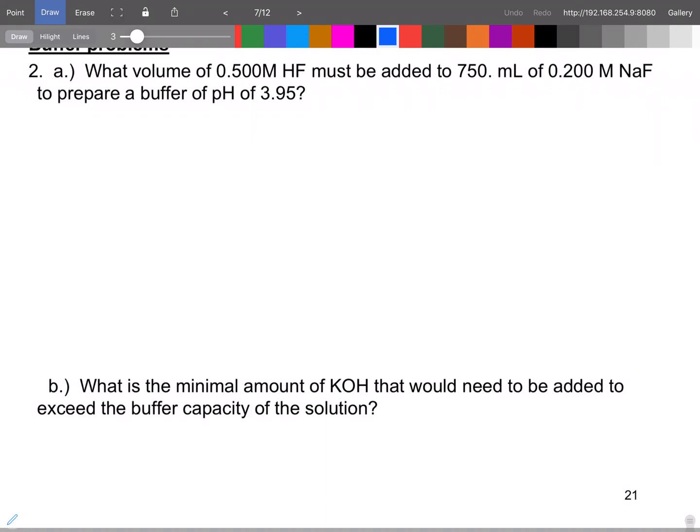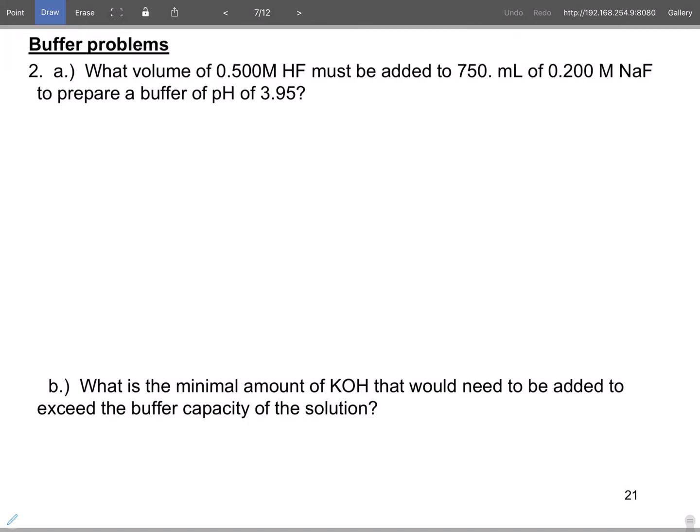Okay, so on this one, the question is what volume of HF must be added to prepare a buffer of a certain pH? Okay, well, first things first, we need our Ka value, which is 6.6 times 10 to the minus 4.